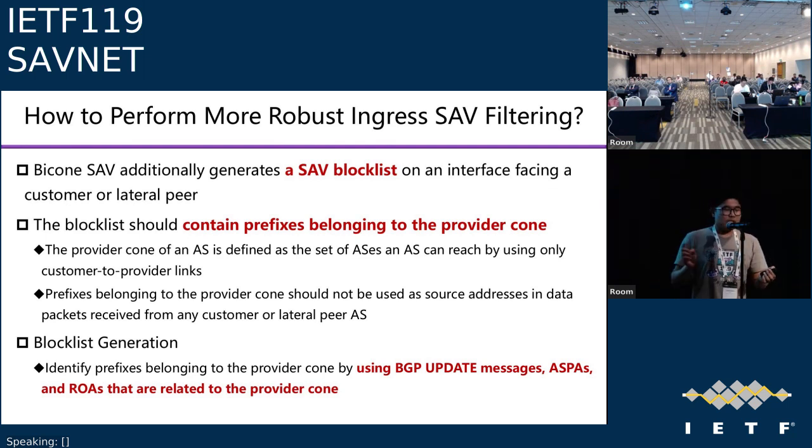In this draft, BiconSAV suggests to additionally use a SAV block list on an interface facing a customer or lateral peer AS. The block list should contain prefixes belonging to the provider cone. The provider cone of an AS is defined as the set of ASs an AS can reach by using only customer-to-provider links.